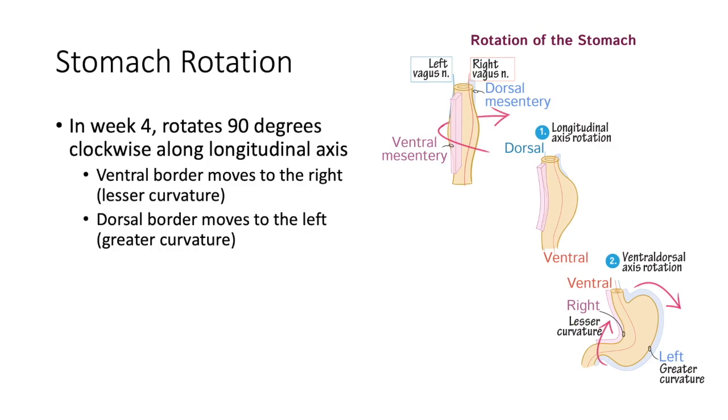So the ventral border moves to the right, so know which one goes where. As you can see in the picture, the pink color is ventral or right, and the blue color is dorsal or left. So know which goes with what. The ventral moves right, that's our lesser curvature, and then our dorsal border moves to the left, which is our greater curvature.